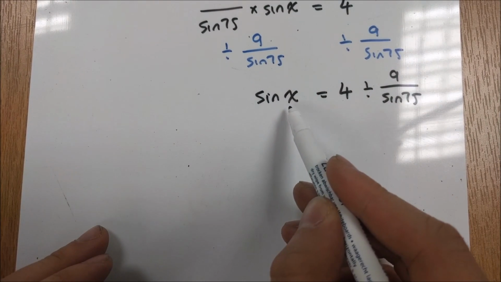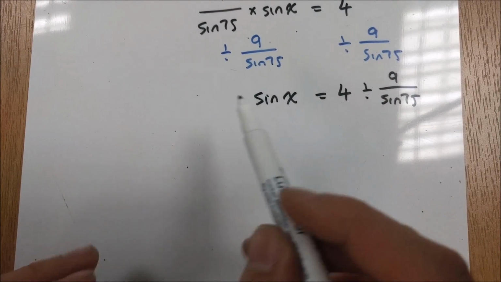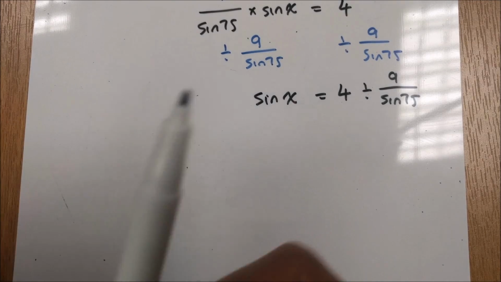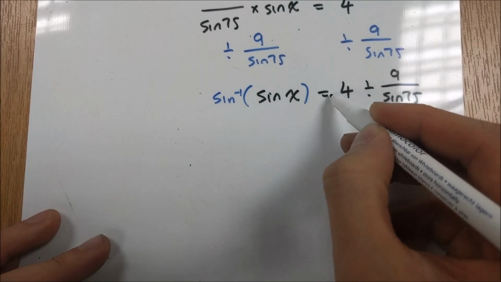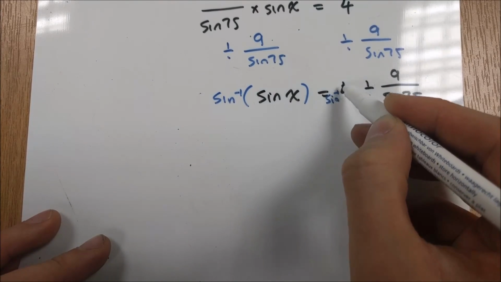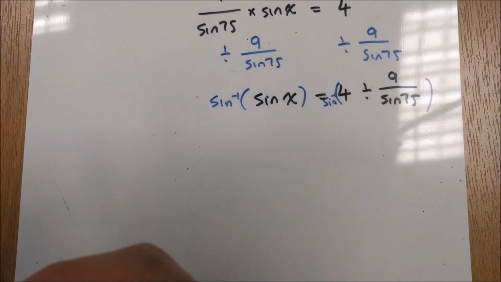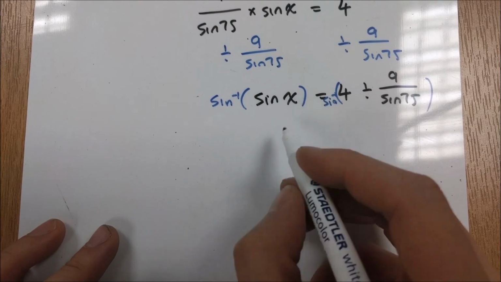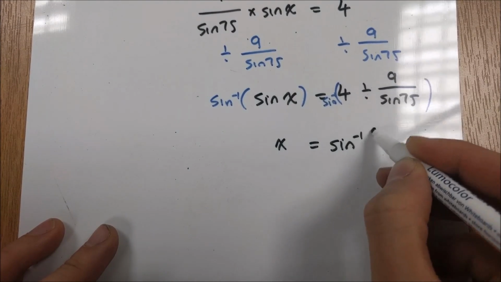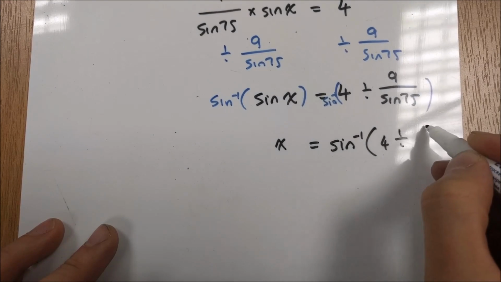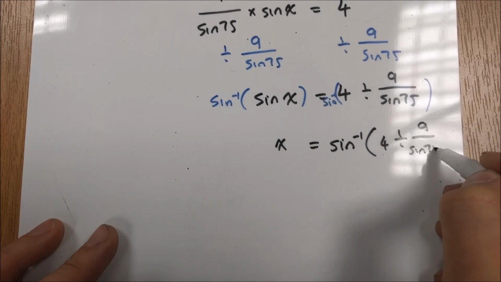I want to remove the sine to get x by itself. To remove a sine, I need to do the inverse sine. I need to apply inverse sine to both sides of the equation. Sine inverse and sine cancel, so I just get x. And on my right hand side, I get sine to the minus 1 of 4 divided by 9 over sine 75.